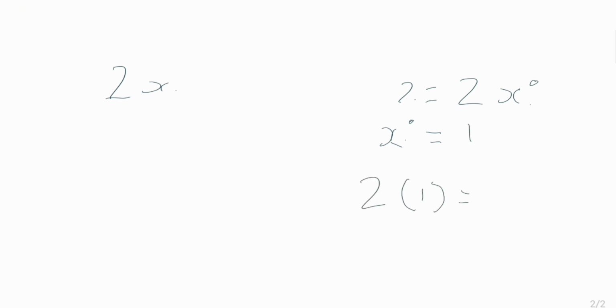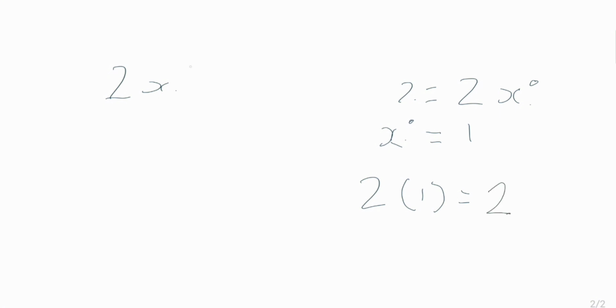Great. Now the antiderivative for 2 is 2x, as 2 is 2x to the 0. The reason it is written like this is because x to the 0 is 1. So 2 times 1 equals 2.